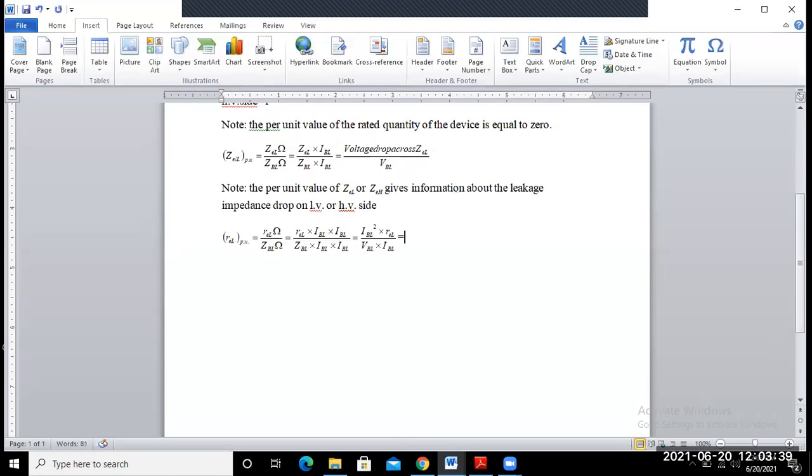इसको हम लोग क्या लिख सकते हैं? Ohmic losses at rated current divided by rated volt ampere. Okay.